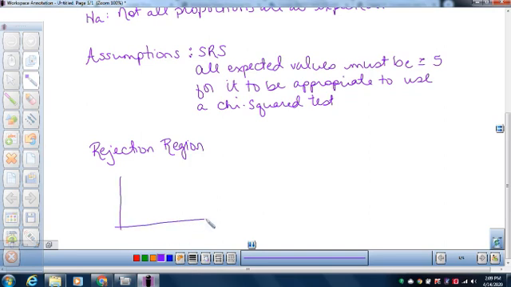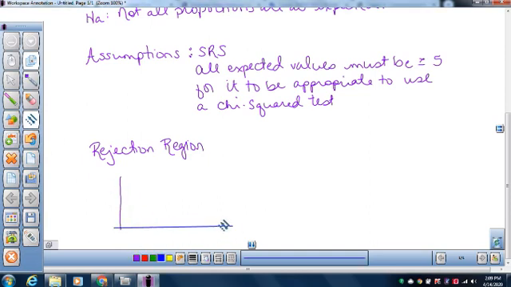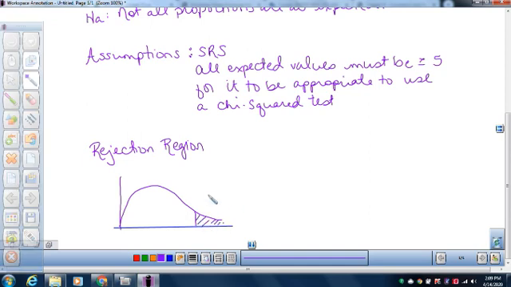So when we talk about the rejection region, your rejection region, like I said, is going to be all positive. We're only going to use one tail. That tail does consist of all of the alpha level.